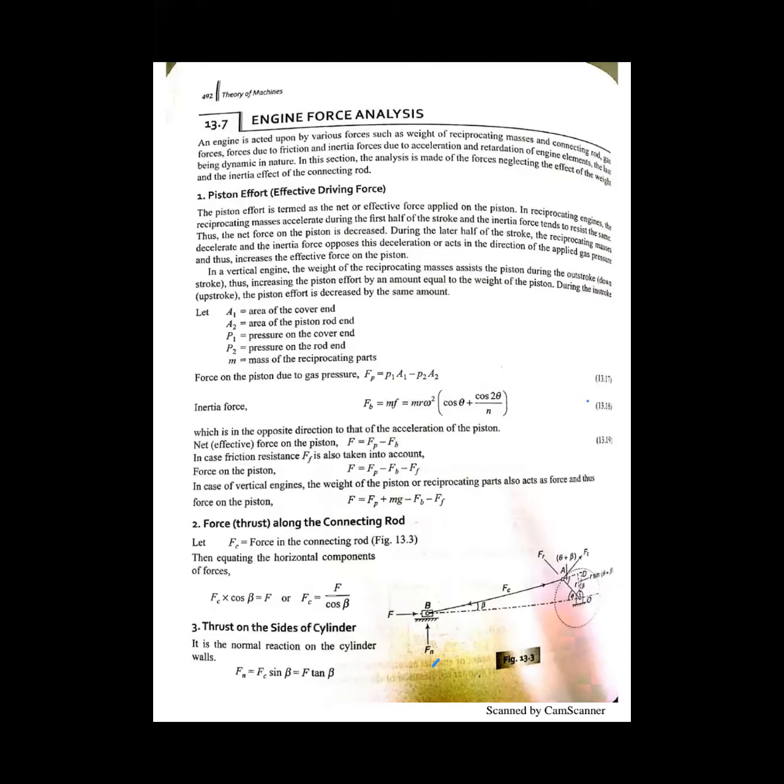So Fn equals Fc sin beta. We already know Fc, so we substitute Fc equals F by cos beta, into sin beta. That is also written as F tan beta. That is the thrust on the sides of the cylinder, the thrust force.